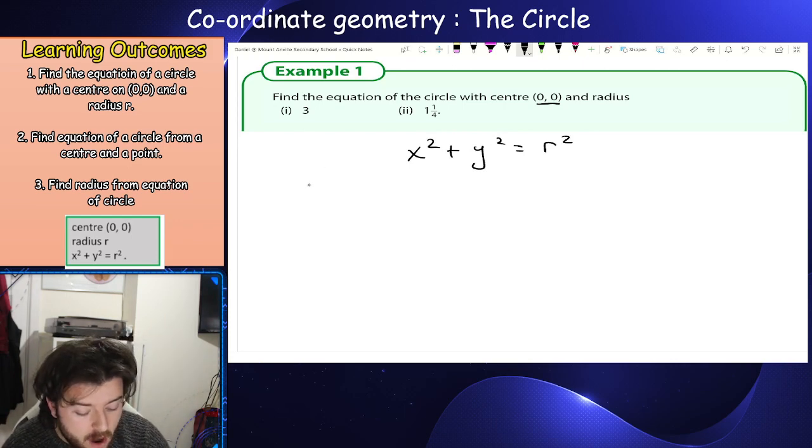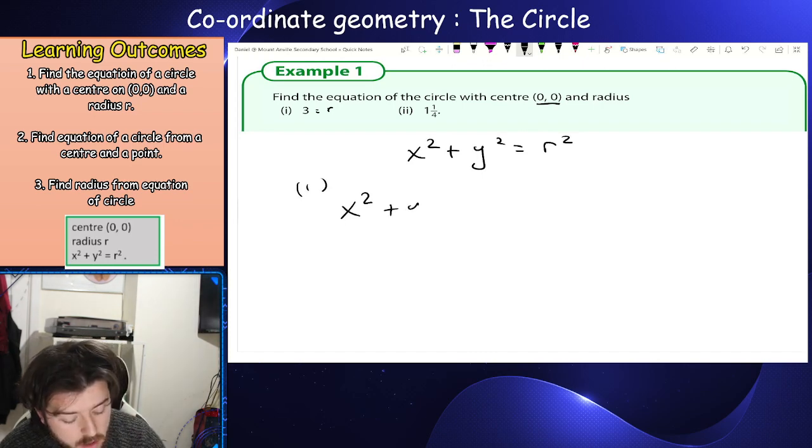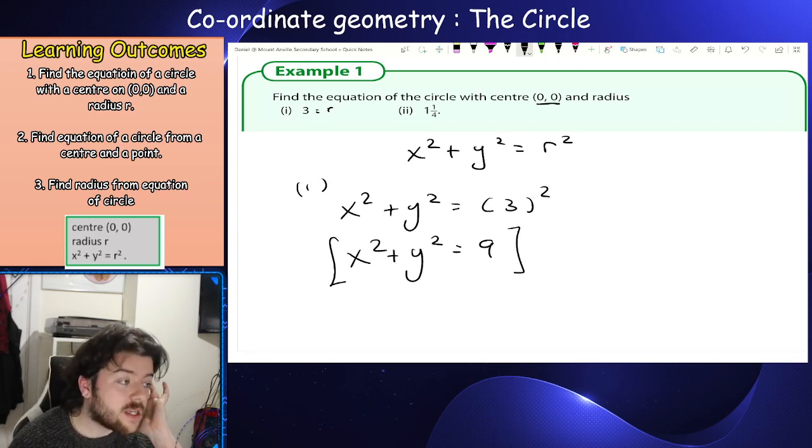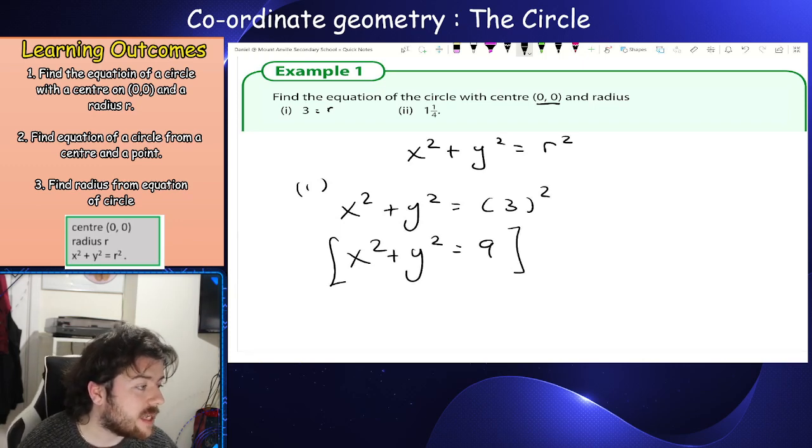So for part 1, my radius is equal to 3. So my equation for this circle is going to be x squared plus y squared is equal to 3 squared. So it'll be x squared plus y squared is equal to 9. Yes, it's 9, right? So my equation for this circle is x squared plus y squared is equal to 9.